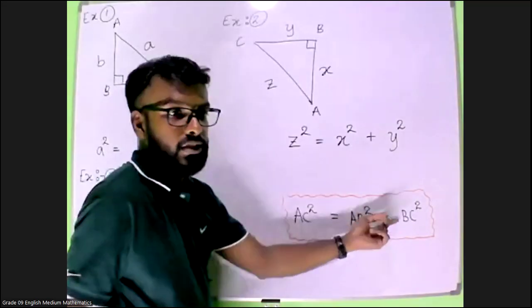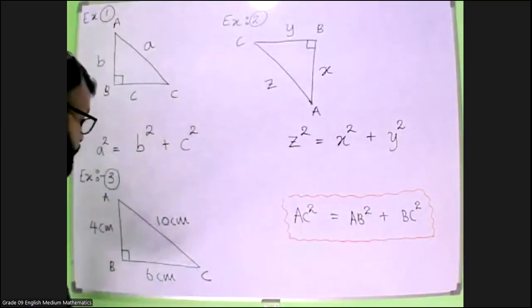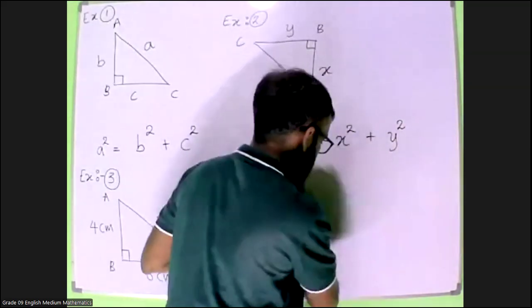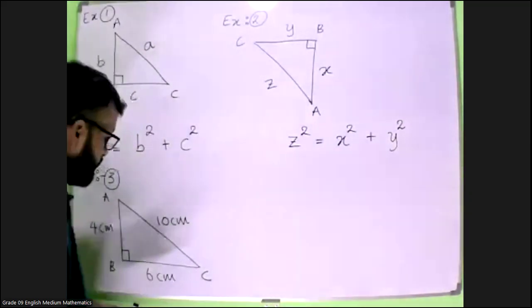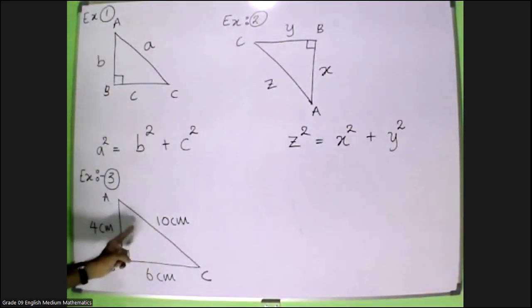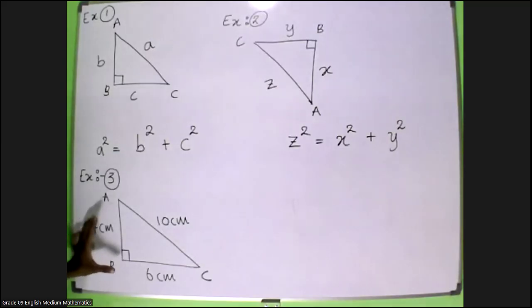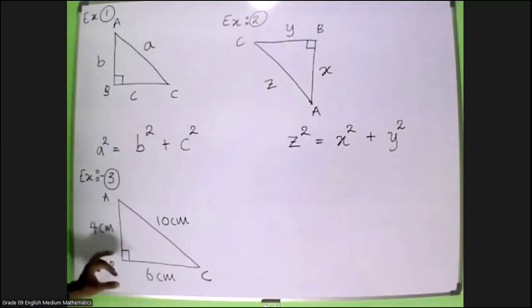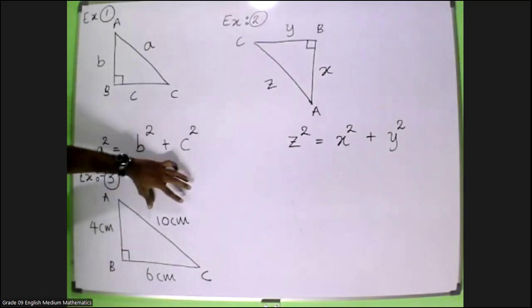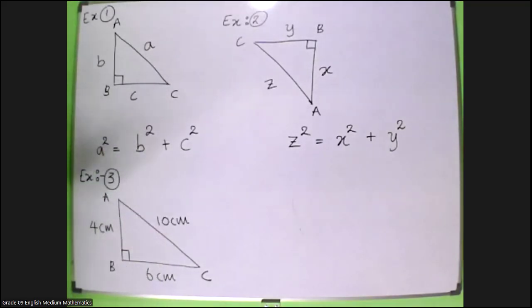Try to catch the pattern. First of all, I am going to take the hypotenuse, in order to apply the Pythagorean relation for this ABC right angle triangle. This is 10 centimeters.